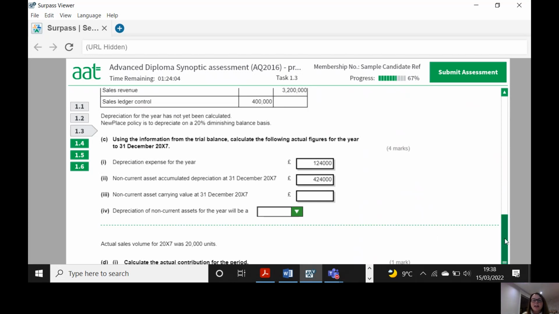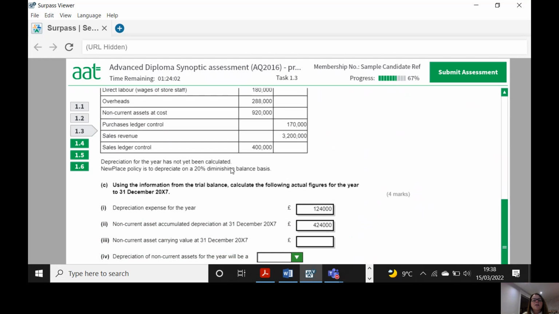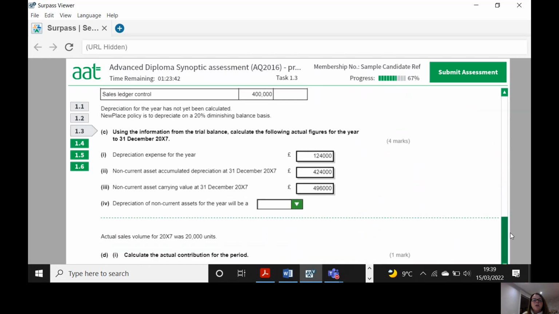So the carrying value is the cost, 920,000, subtract my total accumulated depreciation, I've just worked out to be 424,000, which gives me 496,000. Depreciation of non-current assets for the year is an expense, so therefore it is a debit.